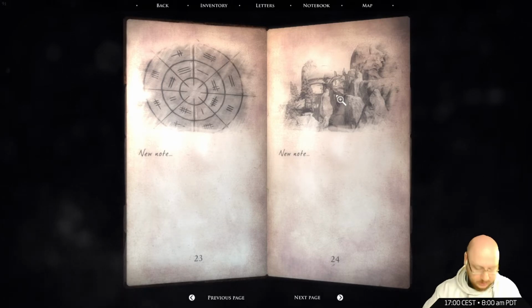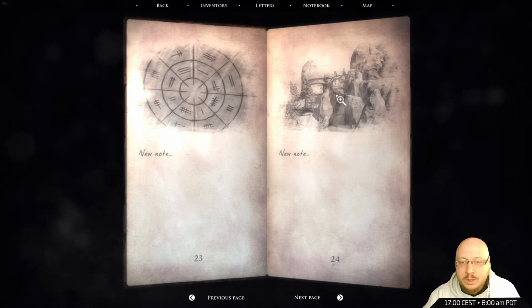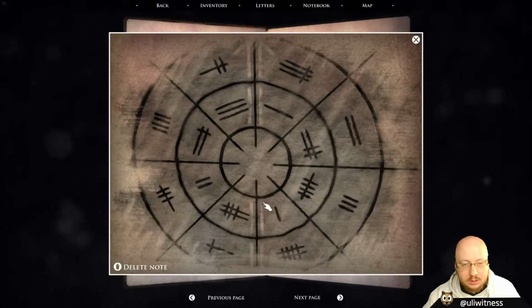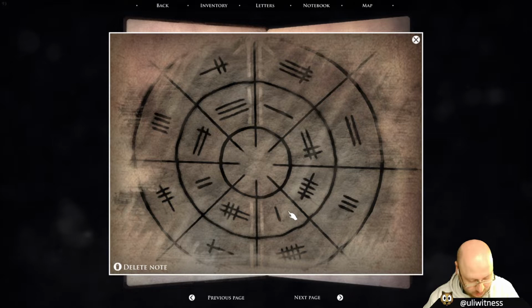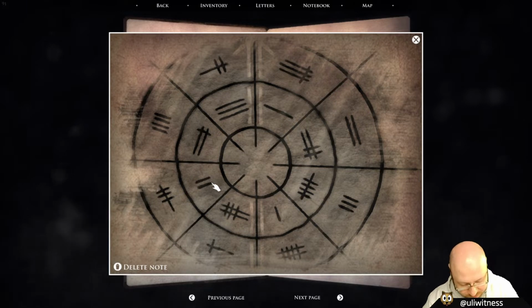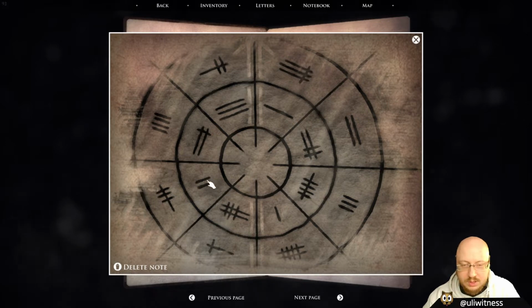Okay, and now let's see. Number one is here, and I'll write that in Roman numerals. 2 is here, not Roman, I mean Arabic numerals, like everyone. These are almost Roman numerals after all.